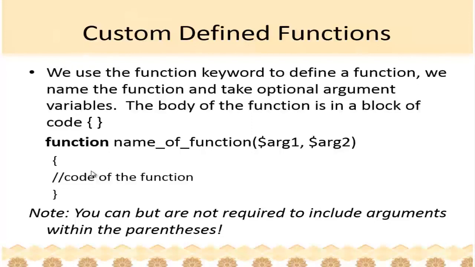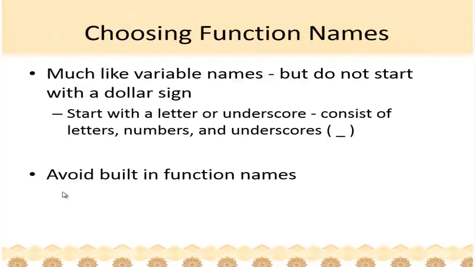Now, how do you write a function? A function has to be written with the keyword function, the name of the function, and optionally you can supply the arguments, and then within the curly brackets specify the body of the function. The name of the function has the same rule as that of a variable name. However, try to avoid naming a function with an underscore.